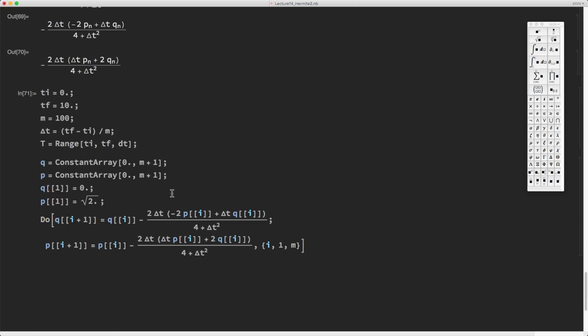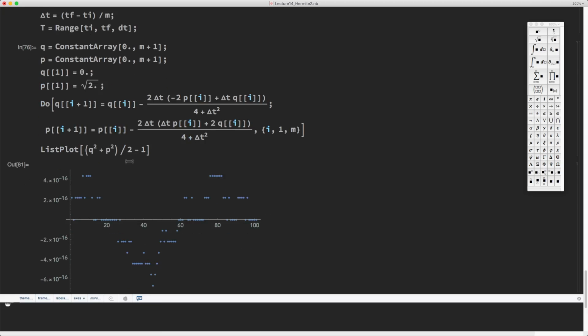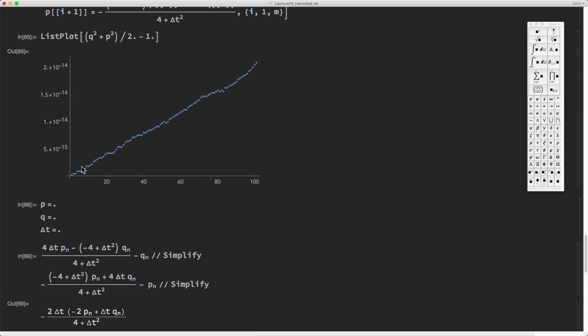And let's try this loop, and then let's do a ListPlot of the energy. And if we do this, well, we see that we are very close to round-off error. So although here the round-off error accumulates, and we go to 10 to the minus 16, to the minus 15, to the minus 14, over a long time period, this will accumulate and increase linearly.